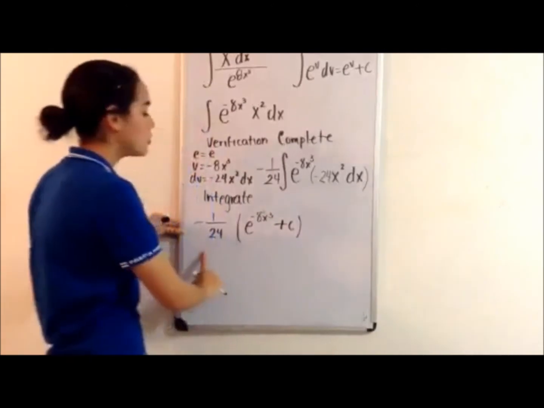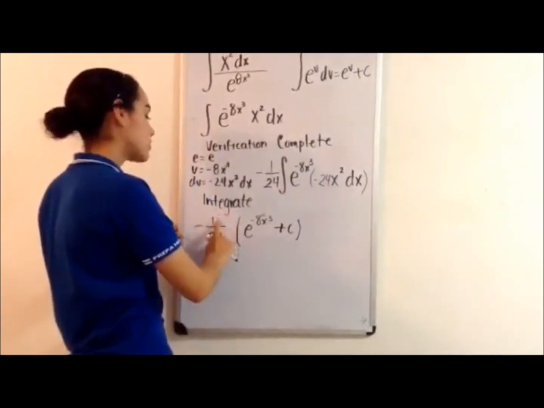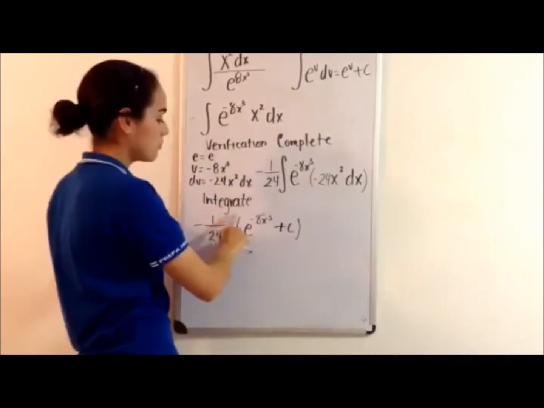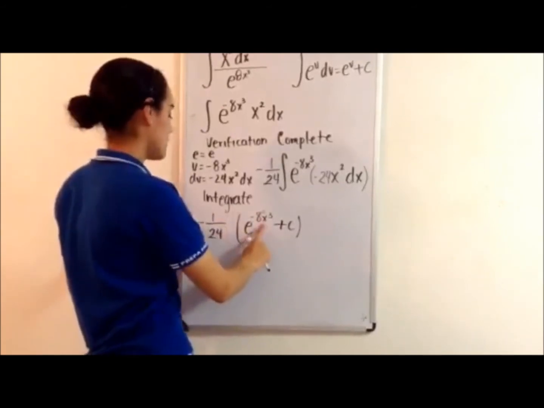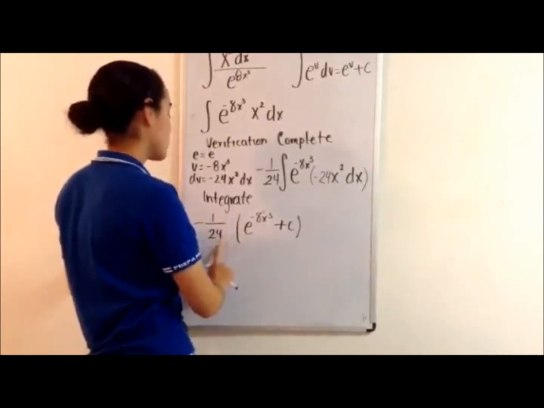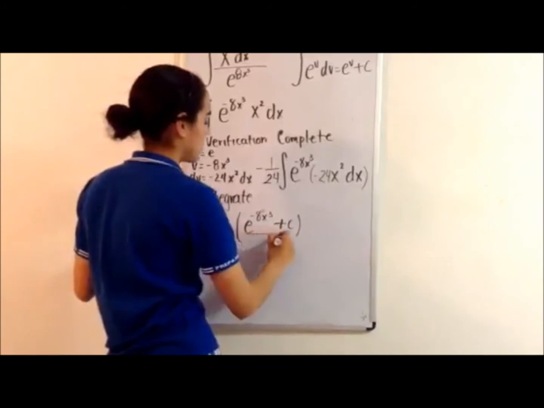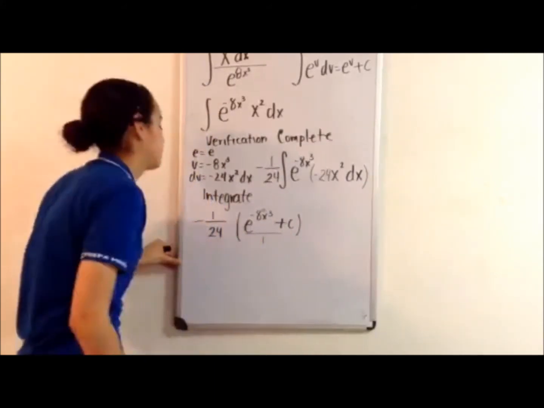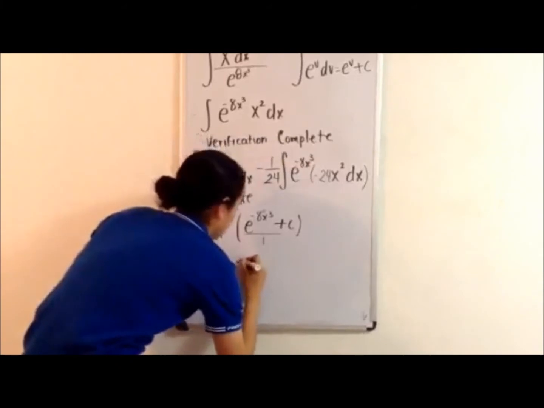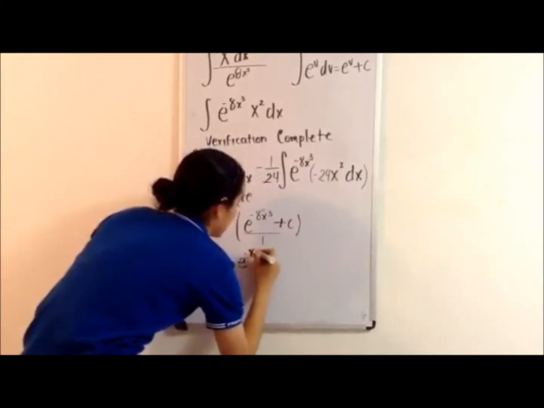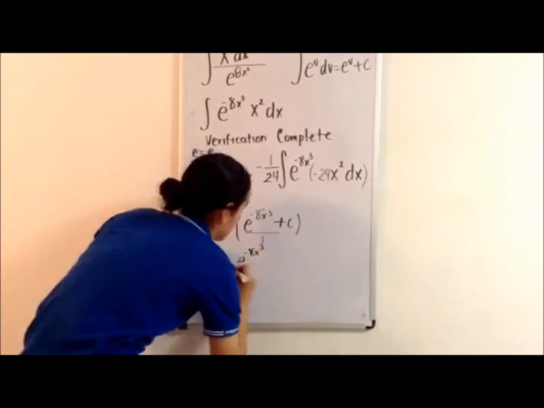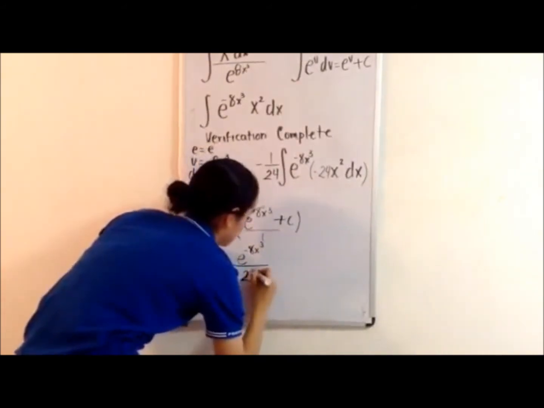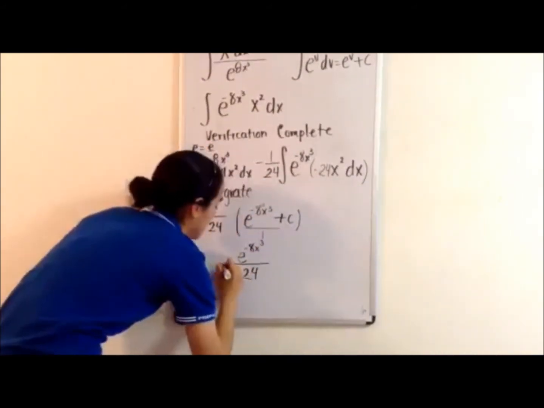Here I am going to multiply the numerator 1 for e to the b and the denominator 24. Here, remember, here we have a denominator 1. E divided by 24, and remember the minus sign.